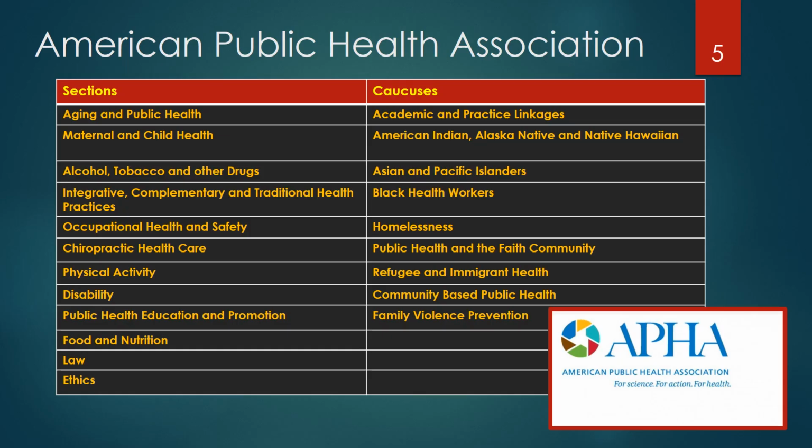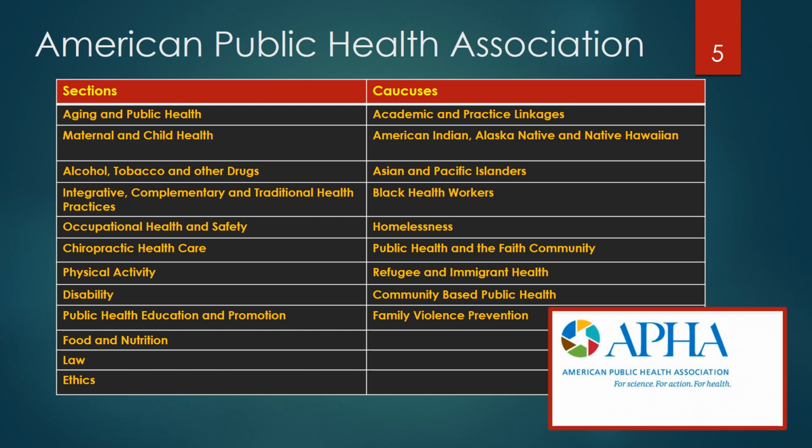Every year since 1873, the American Public Health Association, APHA, has held an annual meeting, a huge event attended by thousands of people containing hundreds of sessions. The sections and caucuses provide insight into the range of current issues and activities considered priorities for public health practice.